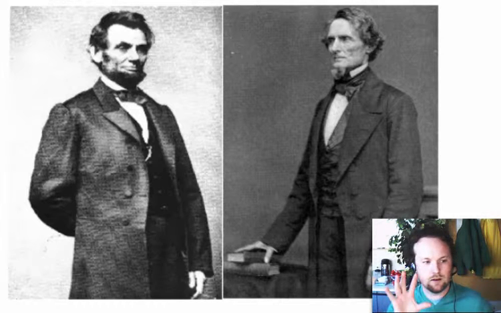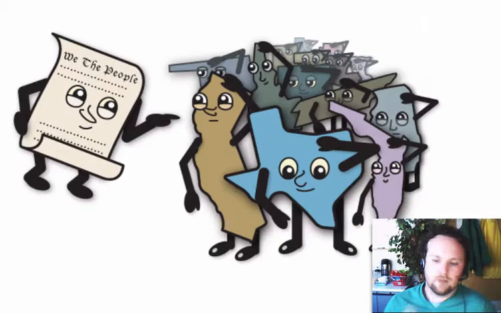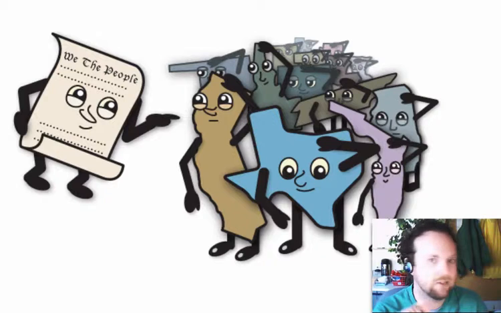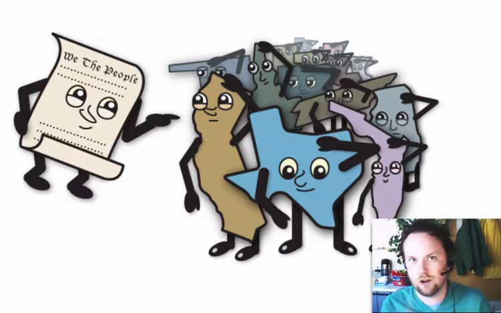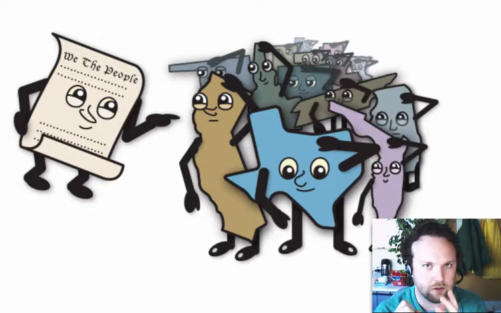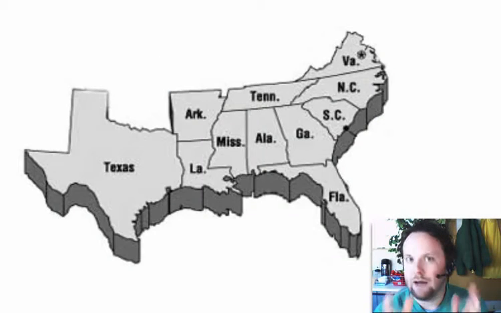Politically, the government of the South had many of the same problems that the United States had under the Articles of Confederation. The emphasis of the Confederacy was on states' rights, so cooperating to get things done was very, very difficult. Also, the South had less than half the population of the North.